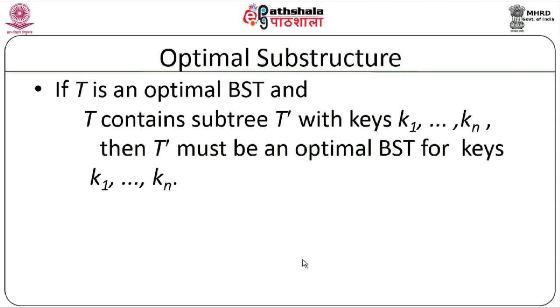So, the principle of optimality holds good for this particular problem. If the principle of optimality holds for the tree, then it holds for both the left subtree as well as the right subtree. Therefore, dynamic programming is more apt for this particular problem.